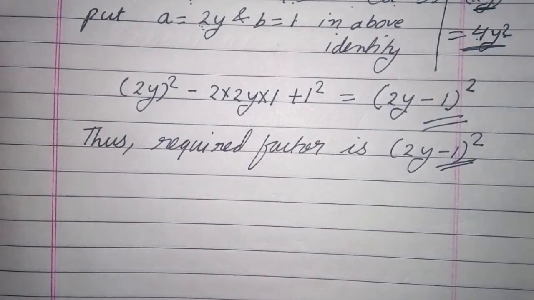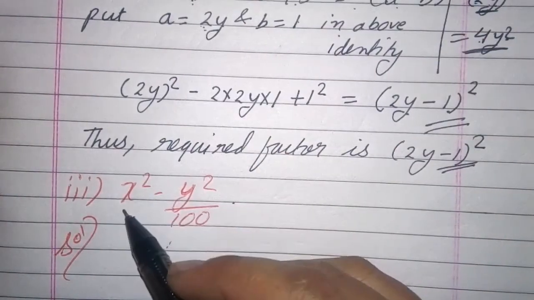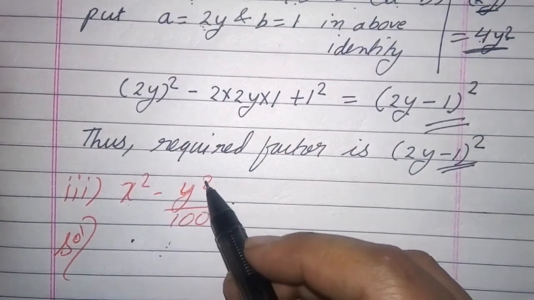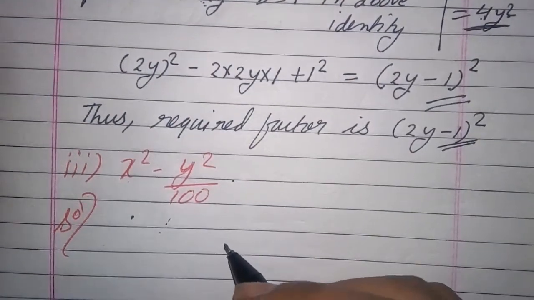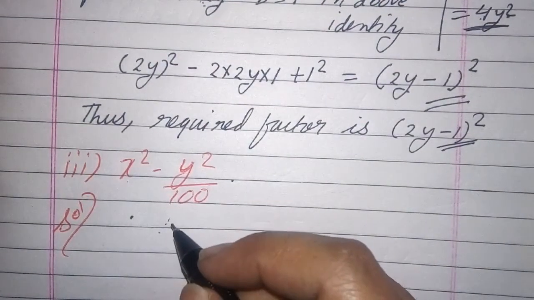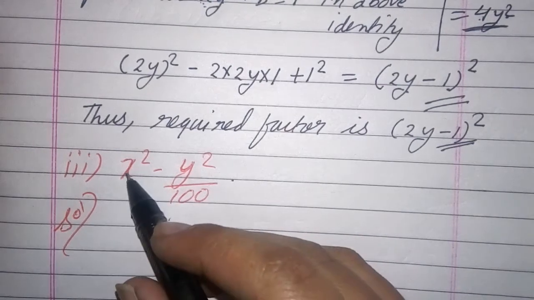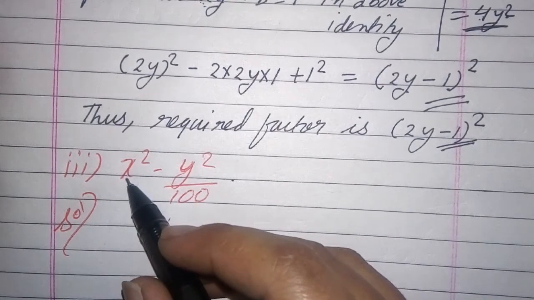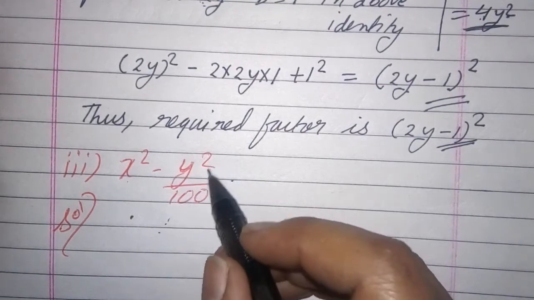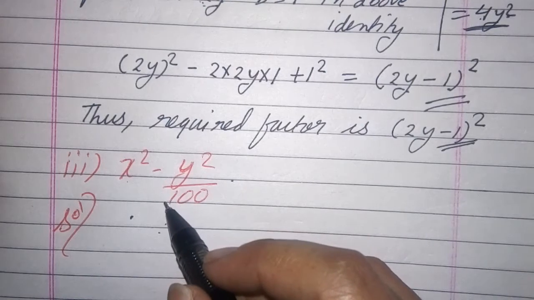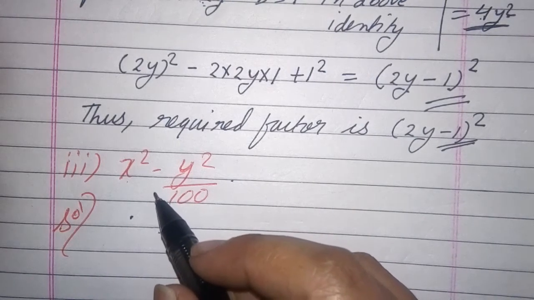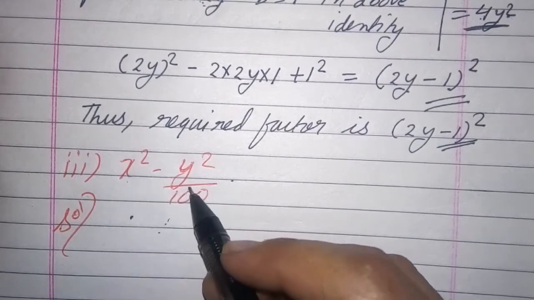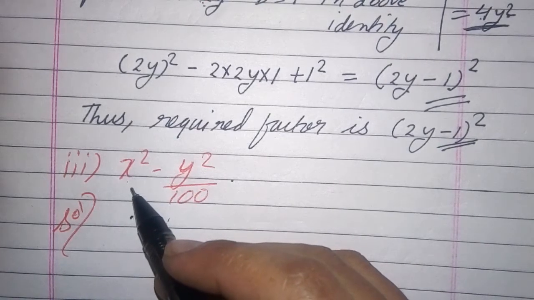Now the third part. Third part is x square minus y square upon 100. Now which identity should we use for the third part? Only two terms. First term is x square and second is y square upon 100. So we have to use the identity in which there are only two terms, and both terms are squares. So look, which identity is that?